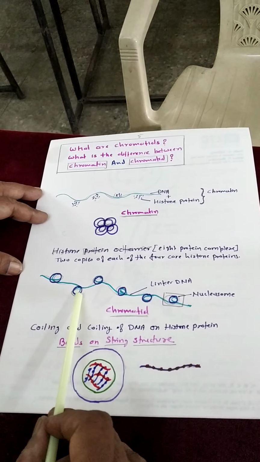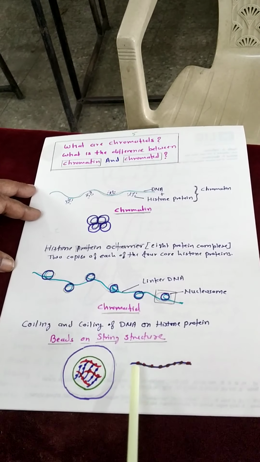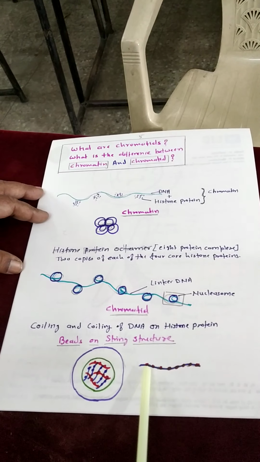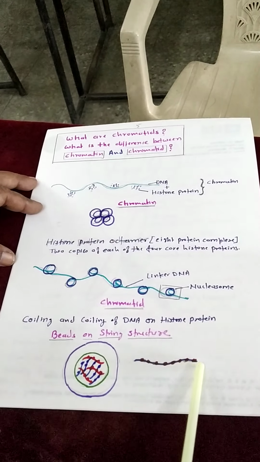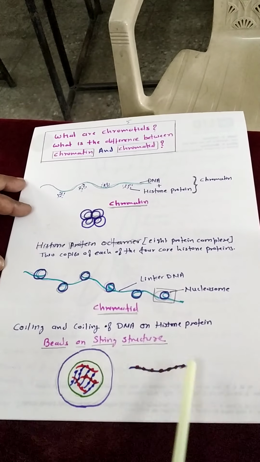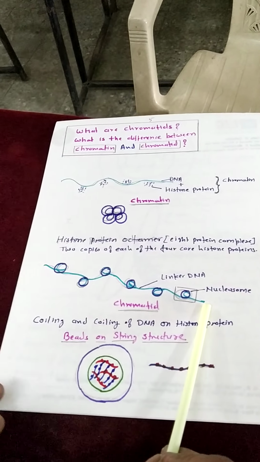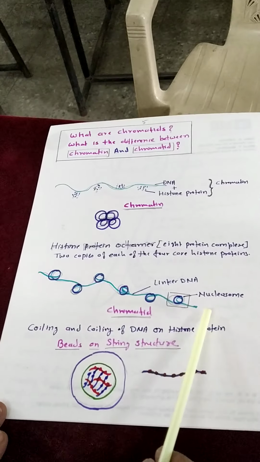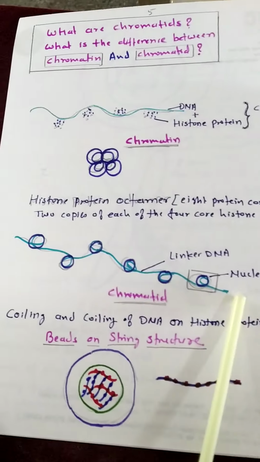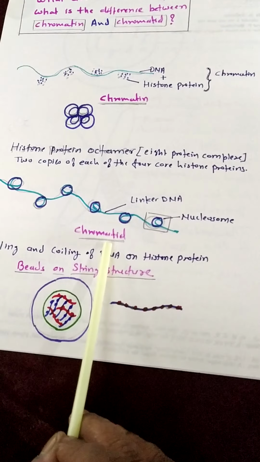And this structure is now just like beads on a string. See, it is like a garland structure, beads on a string. This structure is called beads on a string, and this much coiled structure of DNA around the histone protein is called chromatid.